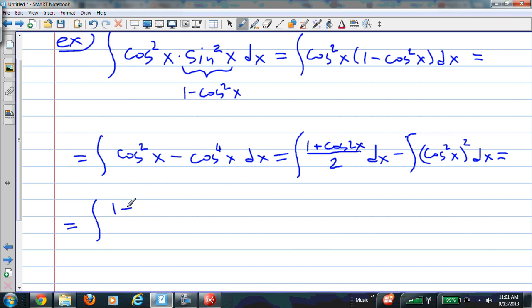I'm copying this over, not doing any calculus yet, just rewriting. So cosine squared becomes (1 plus cosine 2x over 2) quantity squared.